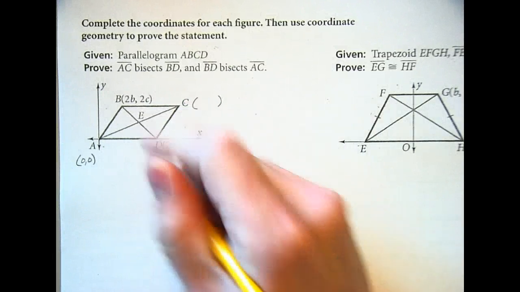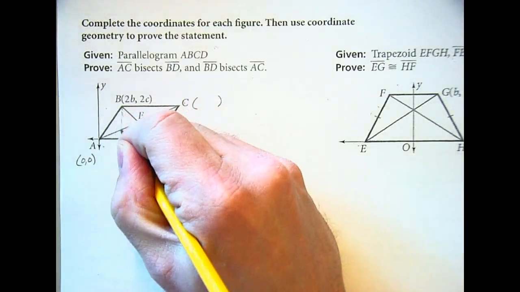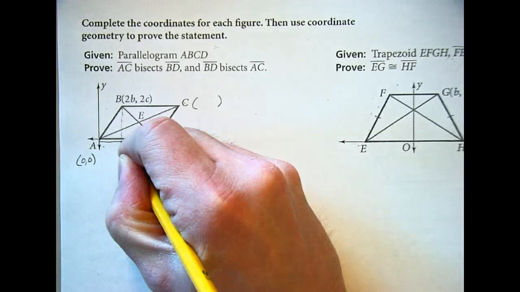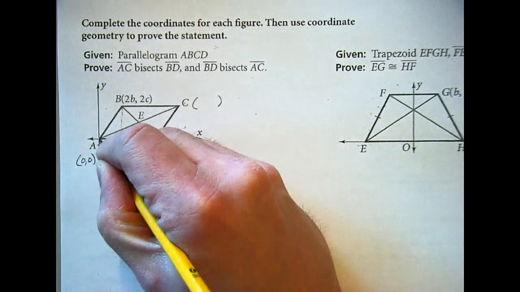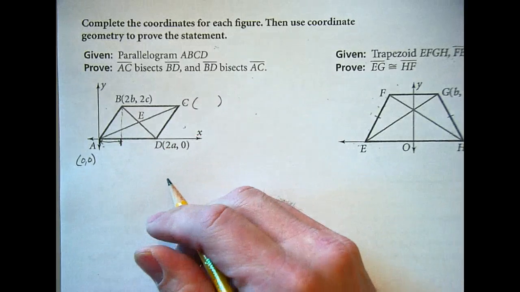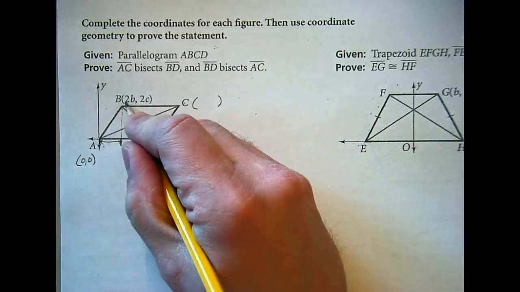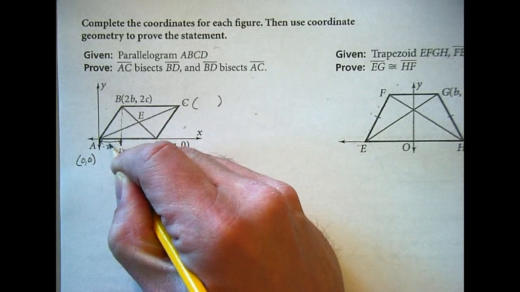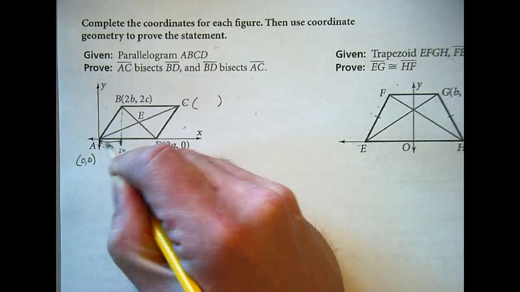Go with C. C, remember, this length from A to here, that length is a length of how far? 2b. This is x coordinate of 2b right here, meaning this length is 2b. Goes from 0 to 2b, so that's a length of 2b.